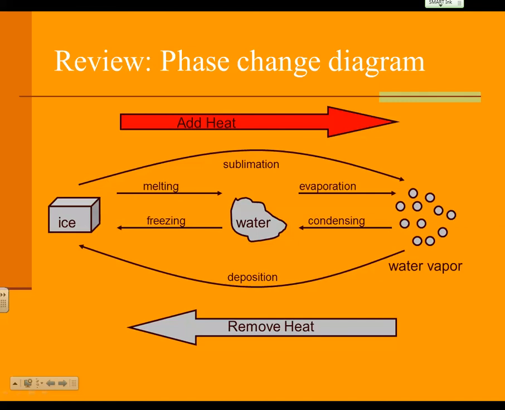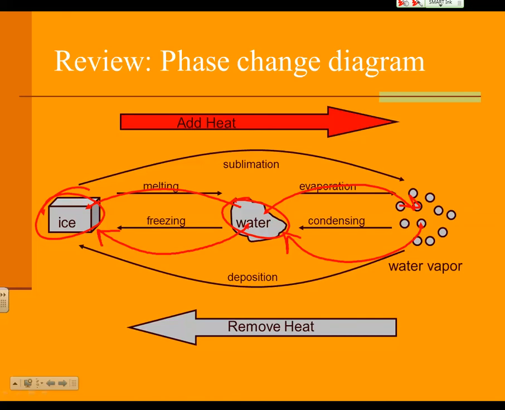And this chart kind of sums it all up. In order to go from a solid to water, you have to melt, water to vapor, you have to evaporate, going backwards, condense, from vapor back to water, and then to go from water to ice, you have to freeze.